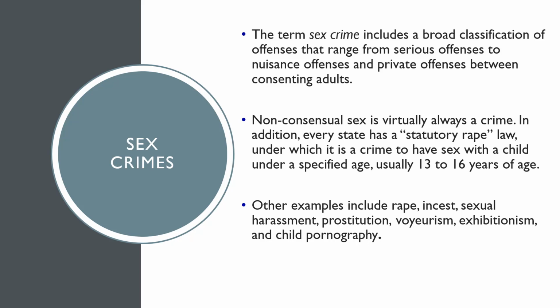And now we realize that it is criminal behavior, or we've criminalized it. So we're talking a very broad range of things here, from very serious offenses to private activity between consenting adults. We're going to make some of those criminal.